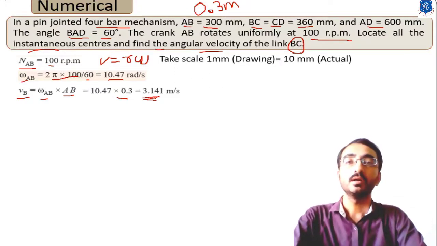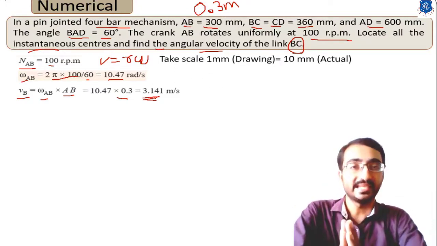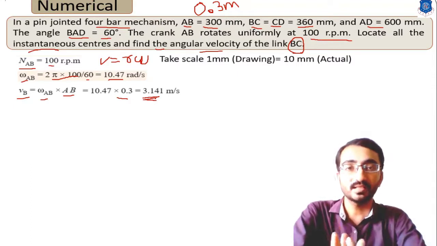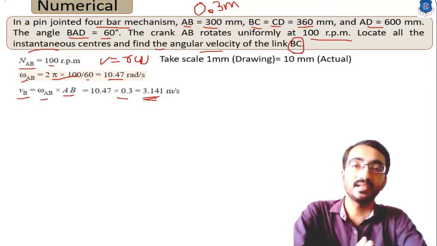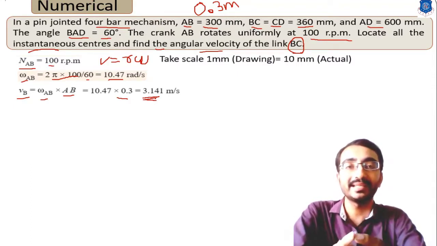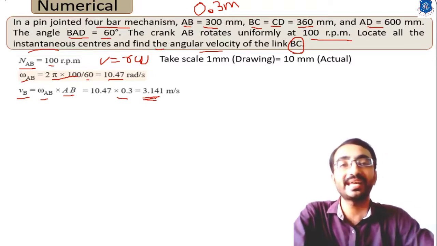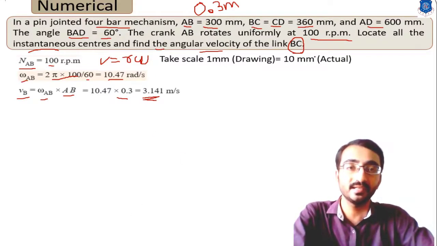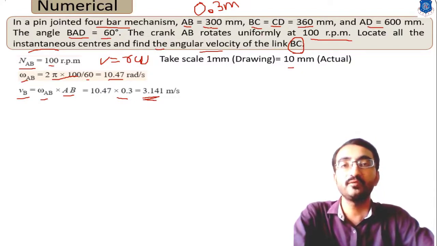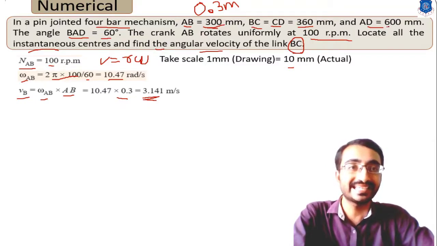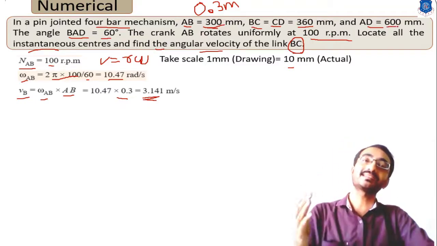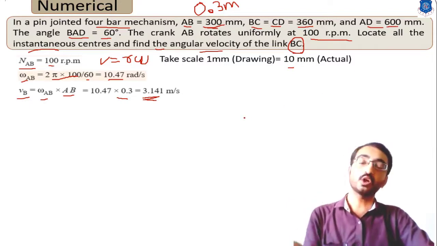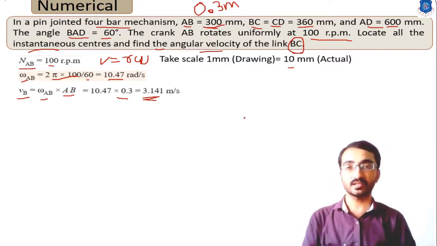Now we will sketch this mechanism, and to sketch it we have to consider one scale. Let's consider that 1 mm of drawing length represents an actual length of 10 mm. Why are we taking this scale? If you sketch the lines AB 300 mm, BC 360 mm, and AD 600 mm, the 600 mm would be a 60 centimeter line, and that is not possible to sketch on an A4 size paper or drawing sheet.